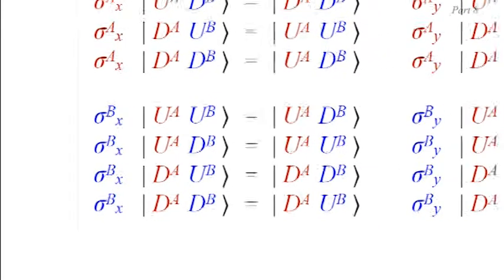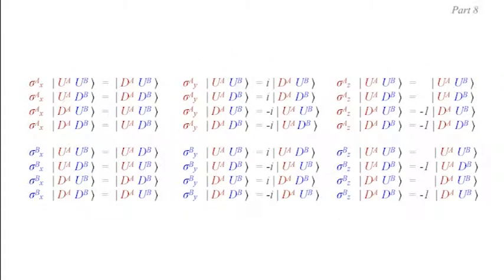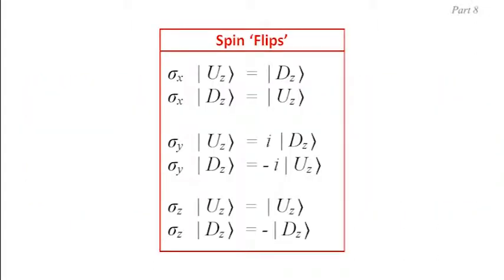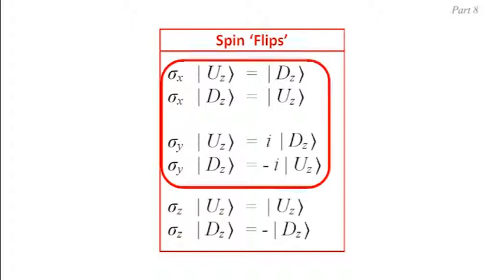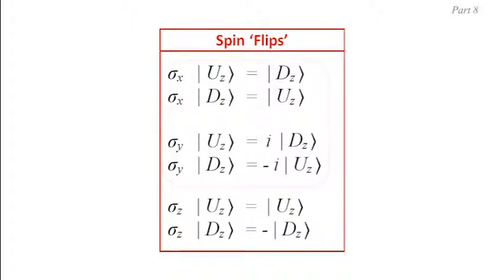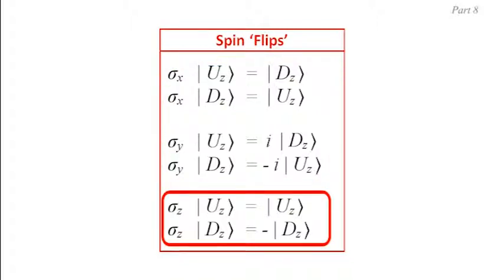Now you can check others out for yourself if you wish by pausing this video. As I say, we don't really need this long list. All we really need to be aware of is the original sigma actions on the states for a single electron. Sigma X and sigma Y flip the spin and maybe throw in an I and a -1 in the case of sigma Y, and sigma Z leaves the state as it was but multiplies by either +1 or -1.